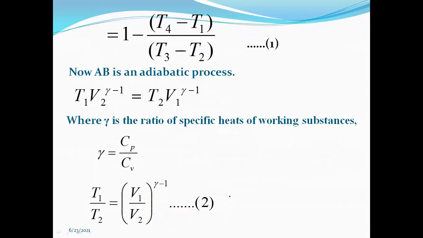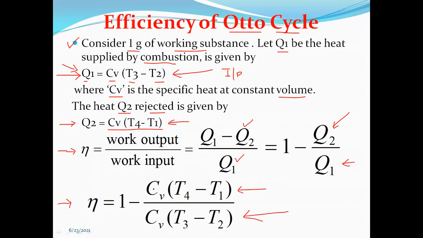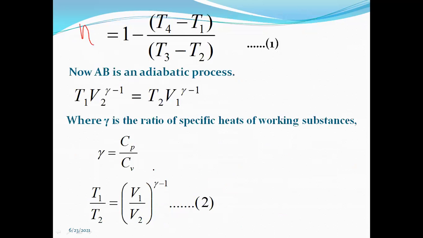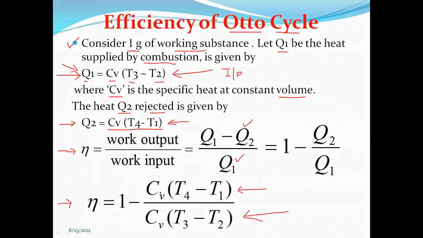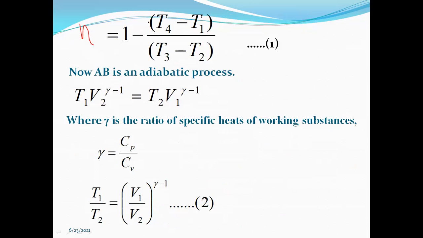Here CV upon CV, the ratio of the same quantity, is equal to 1, so they cancel out. So eta equals 1 minus T4 minus T1 divided by T3 minus T2. This is the first equation.